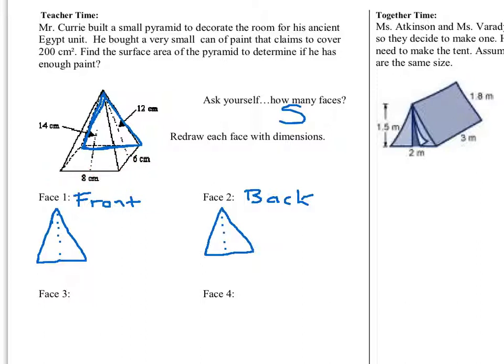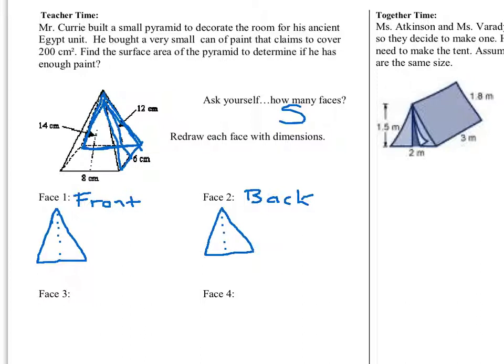No, so what is the base of the triangle? We're dealing with the front and the back, not the left and the right. That would be looking at the right-hand triangle. We are not looking at the right-hand triangle. That would be the height of the right-hand triangle.